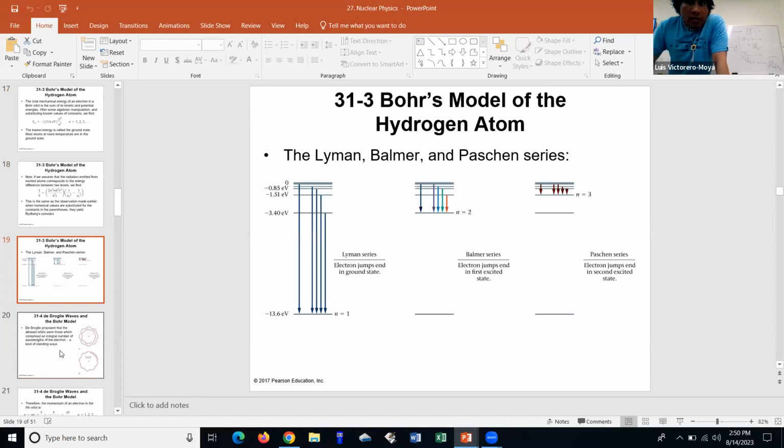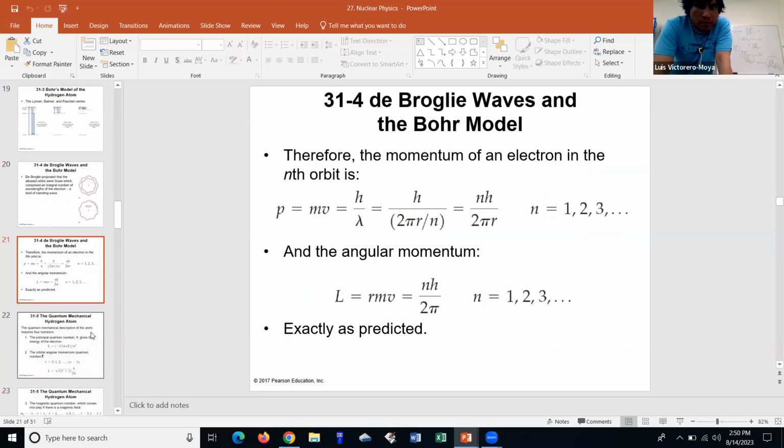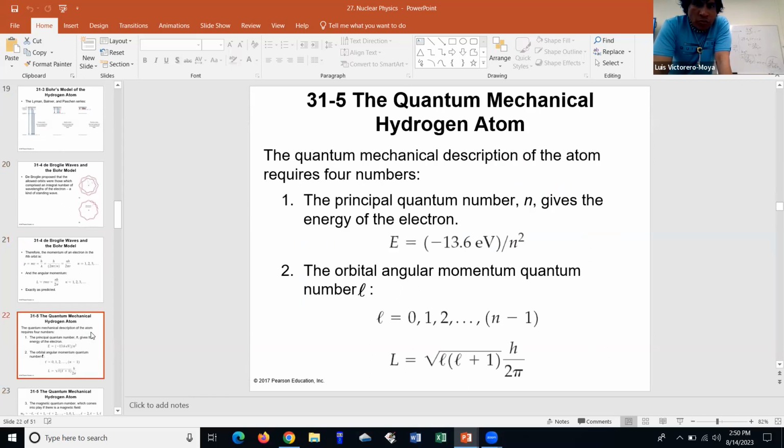You can have different series doing different transitions, right? Electron jumps in the first excited state, or in the Paschen series, the electron jumps in the second excited state, right? Here and here. This is what I showed you on the board. This is what I just showed you as well.